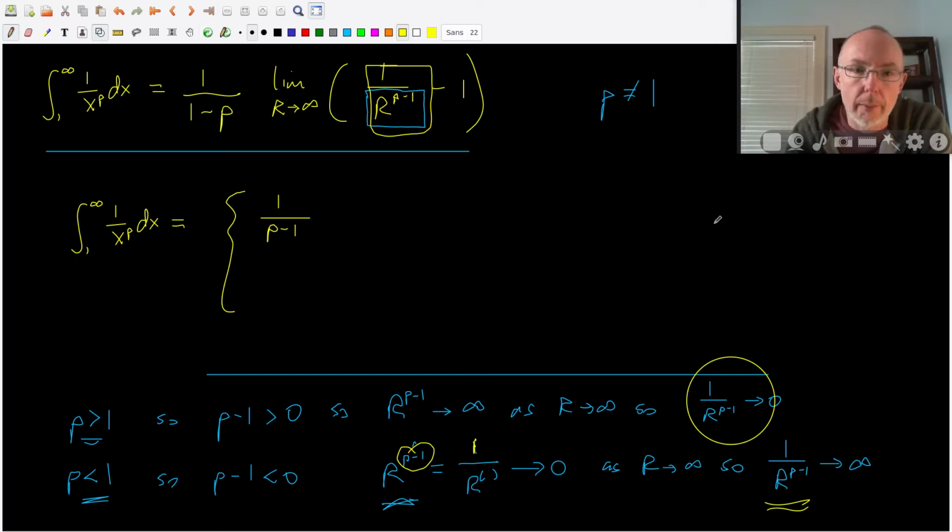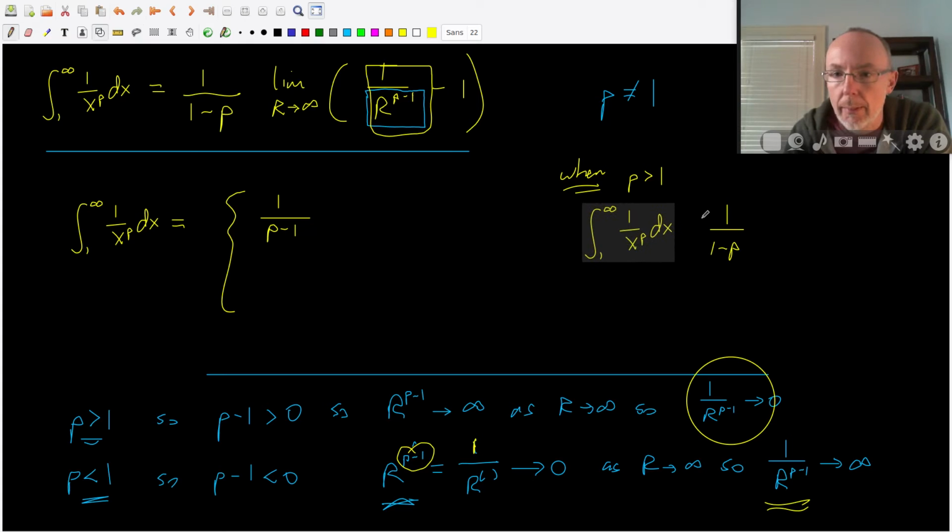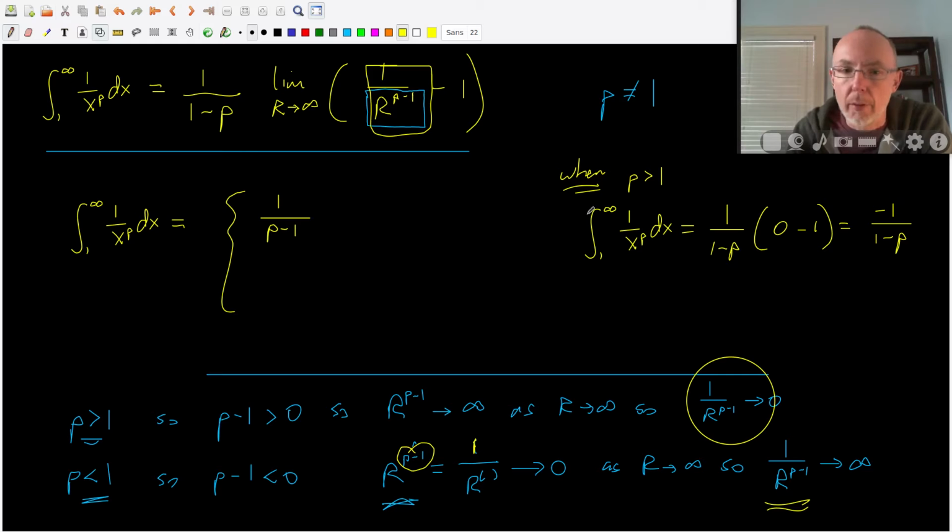Let's do it off to the side: if p is bigger than 1, that integral is equal to that, and I get a 0 when I take the limit, and then I'm subtracting 1. When I multiply that out, that's minus 1 over 1 minus p, or flipping the signs, both of them, I get 1 over p minus 1. So that's what happens when p is bigger than 1.